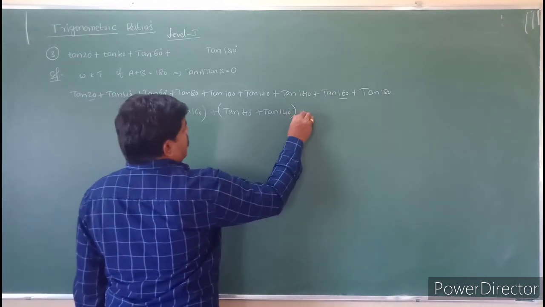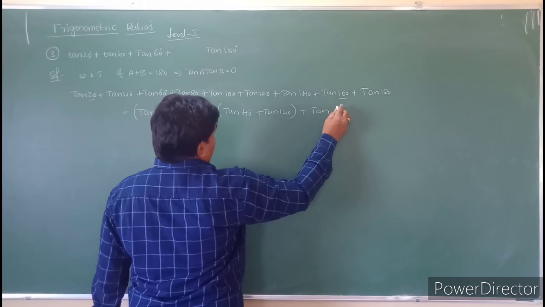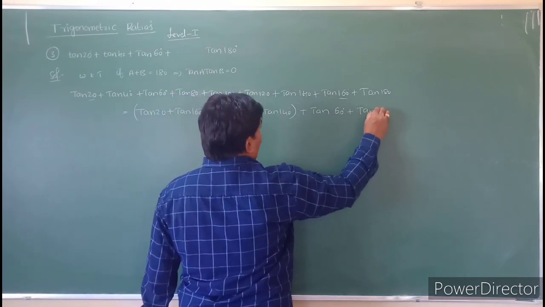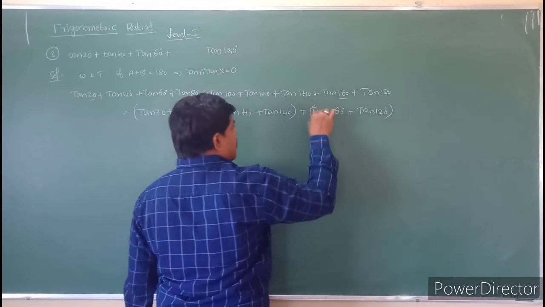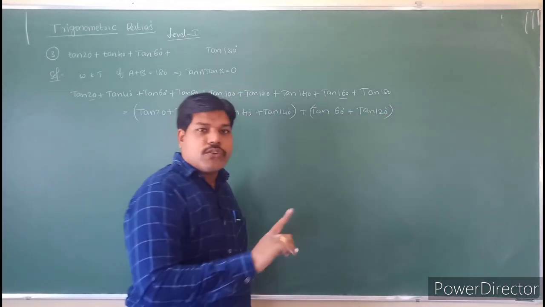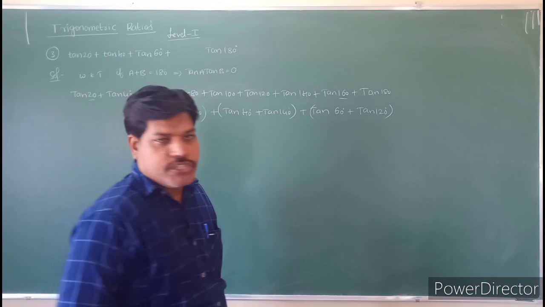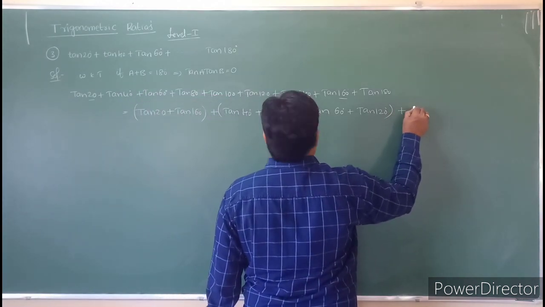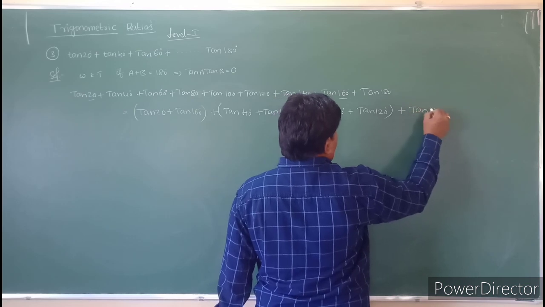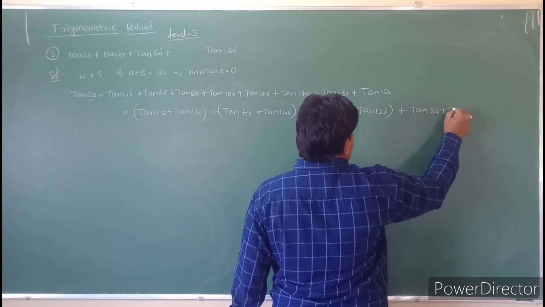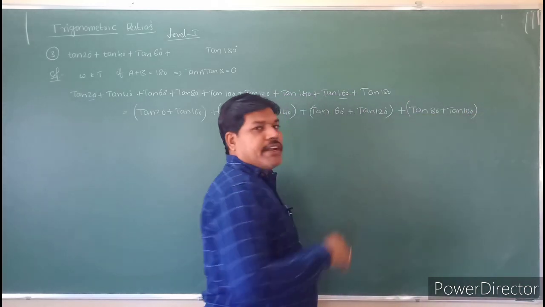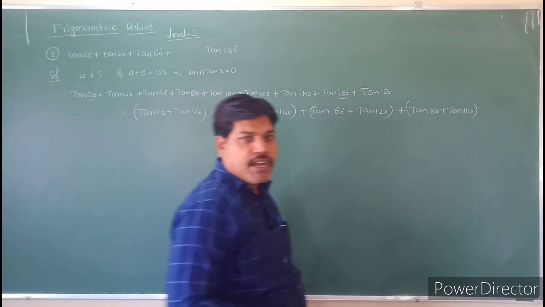Next, tan 60 degrees plus tan 120 degrees. 60 plus 120 is 180, so tan 60 plus tan 120 will become 0. Plus the next value, tan 80 plus tan 100. That is also 180, and tan 80 plus tan 100 will also become 0.